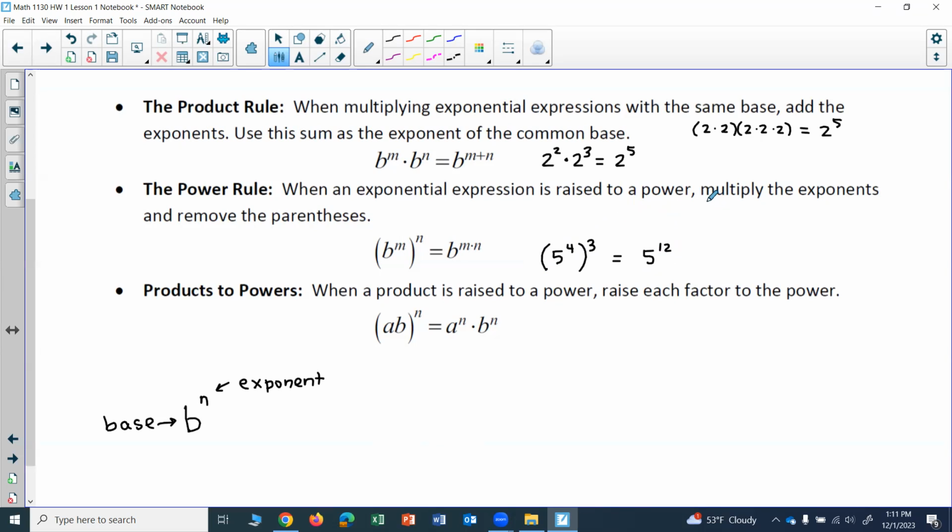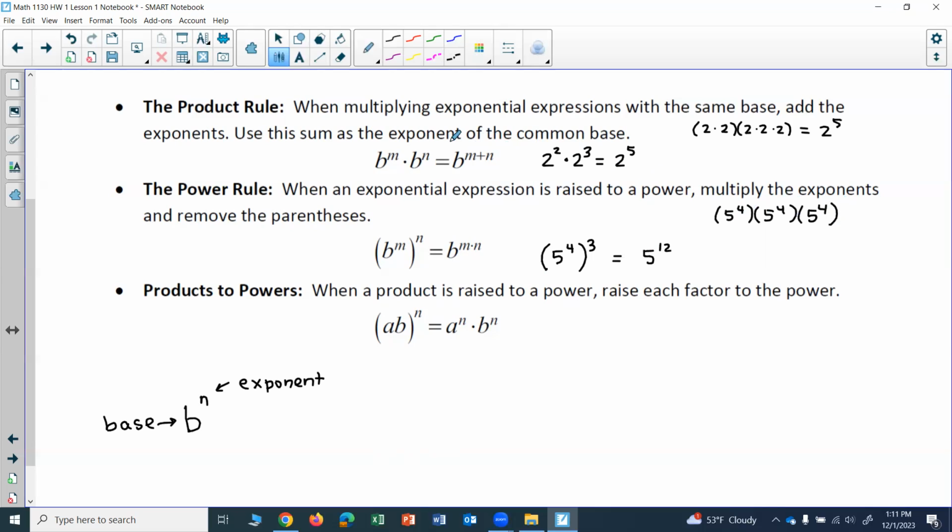Now you could figure that out by using the definition of exponents. So 5 to the 4th raised to the 3rd power would be 5 to the 4th times 5 to the 4th times 5 to the 4th, 3 times because it's to the 3rd power.